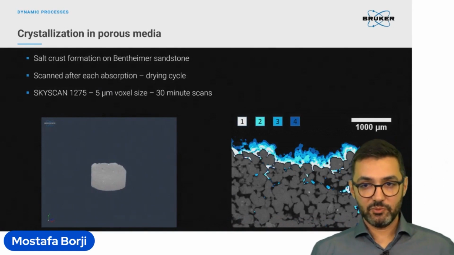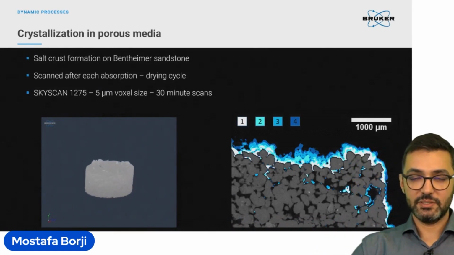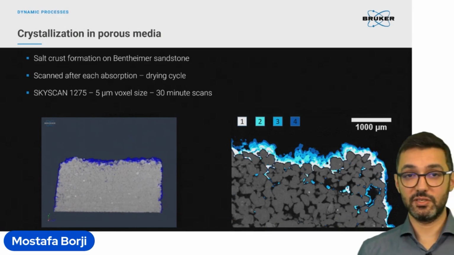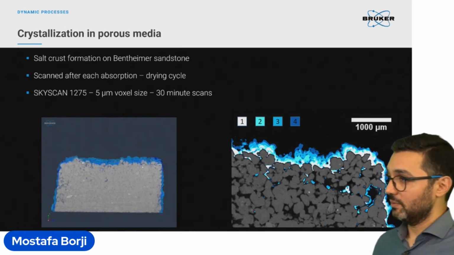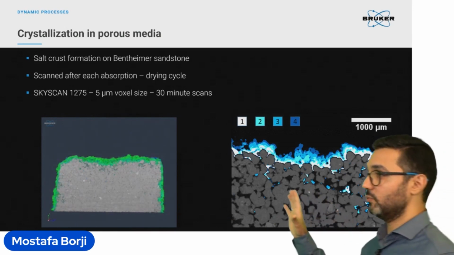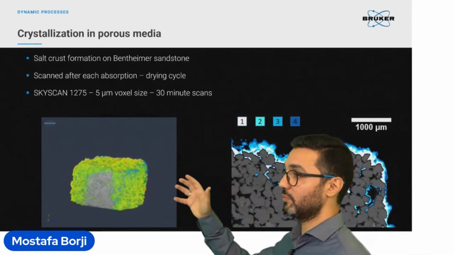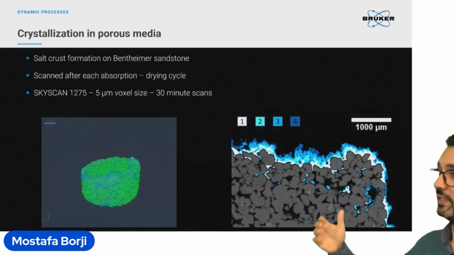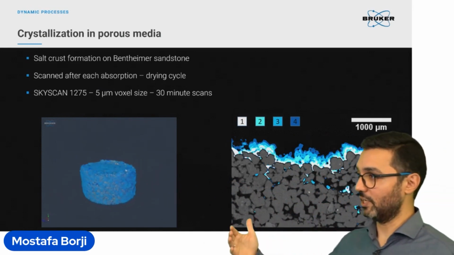Another example of a more dynamic sample is salt crust formation on a Bentheimer sandstone. Here we see how salt is deposited on the outer surface of this sandstone, and we can scan it at different time steps.